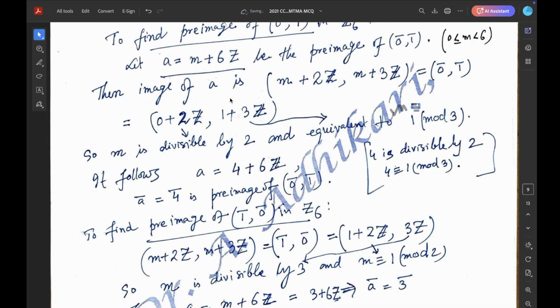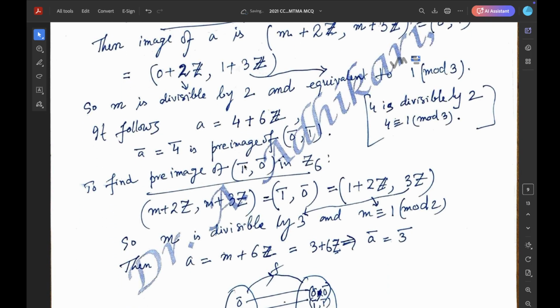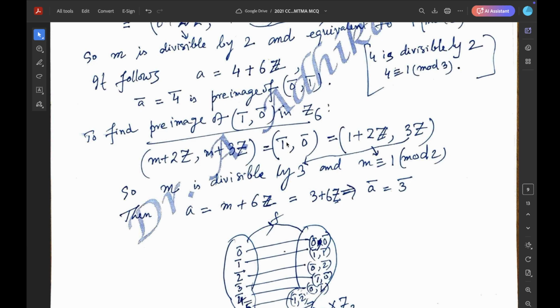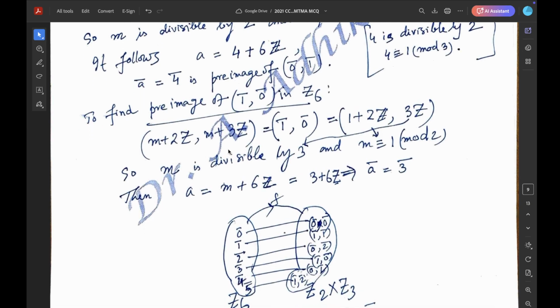And to find the preimage of (class 1, class 0) in Z6: now (m + 2Z, m + 3Z) equals (class 1, class 0), that is 1 + 2Z, and for this 0 + 3Z, so this is 3Z. So m is divisible by 3 because this is 3Z, and m is congruent to 1 modulo 2 because this is 1 + 2Z.